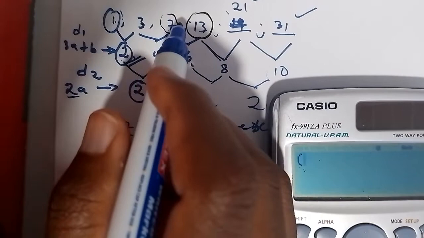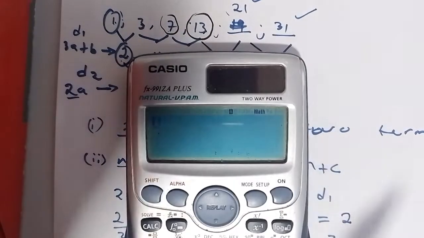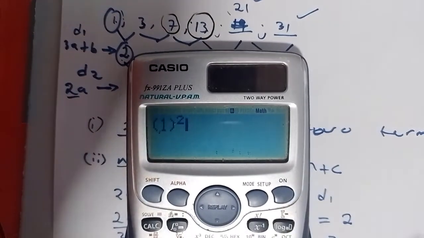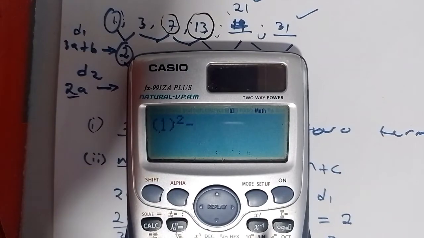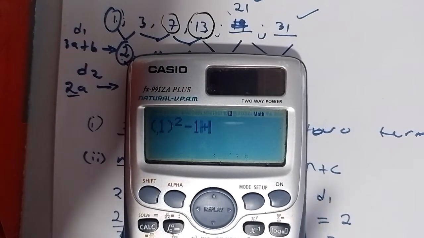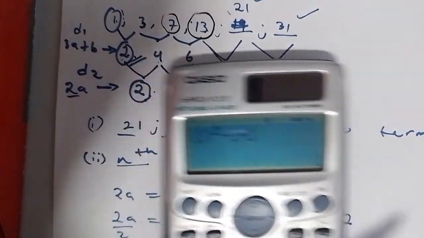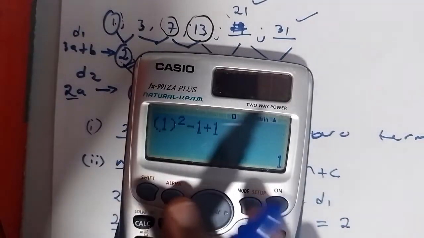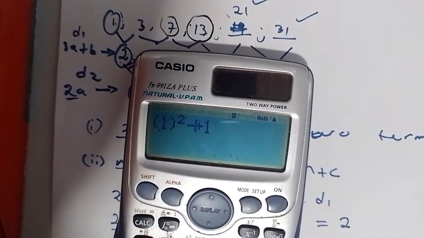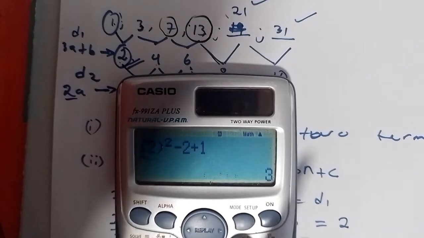1, 3, 7, 13. Term number 1: 1 squared minus 1 plus 1. You see, the first term, I'm getting 1. Second term, substitute 2. See, the second term is 3.